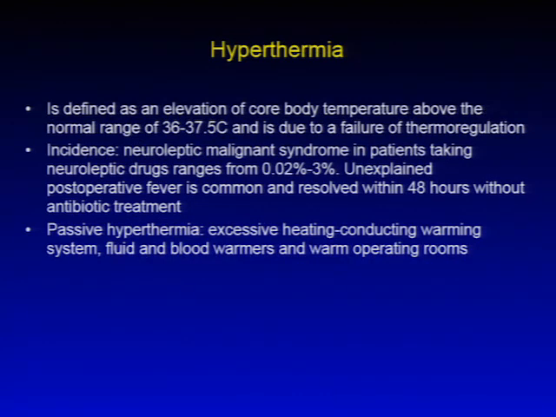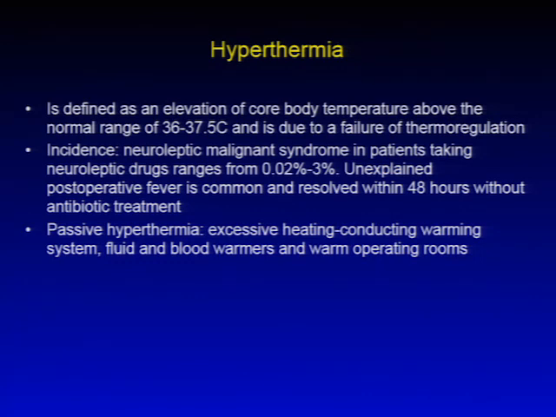Hyperthermia is defined as the elevation of the core temperature above the normal range and is due to a failure of thermal regulation. The incidence includes neuroleptic malignant syndrome in patients taking neuroleptic drugs, ranging from 0.02 to 3%.